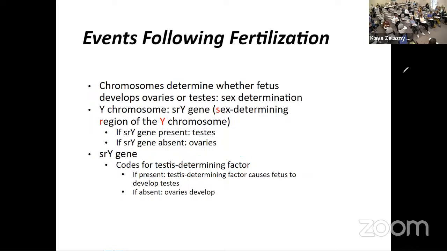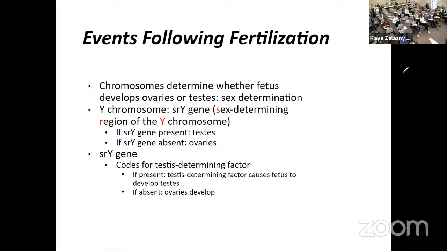If the SRY gene is present, when your DNA gets read, it codes for this testis determining factor. Once you have testis determining factor running around in your system, this is going to cause a fetus to develop testes. If we don't have testis determining factor, then ovaries are going to develop.